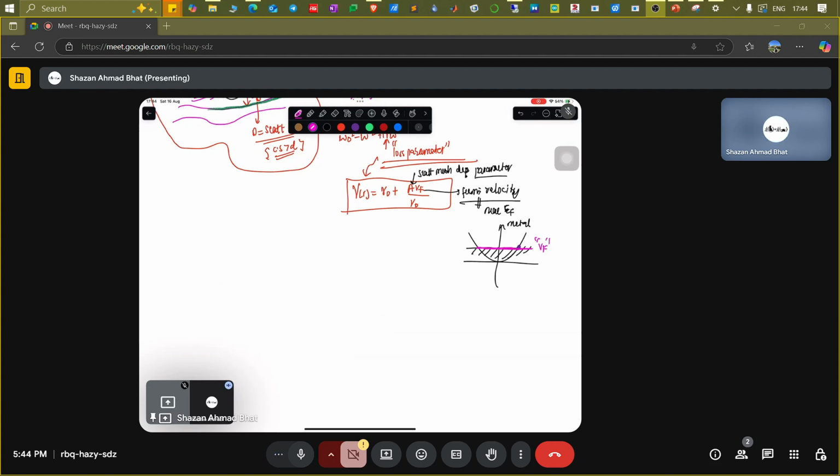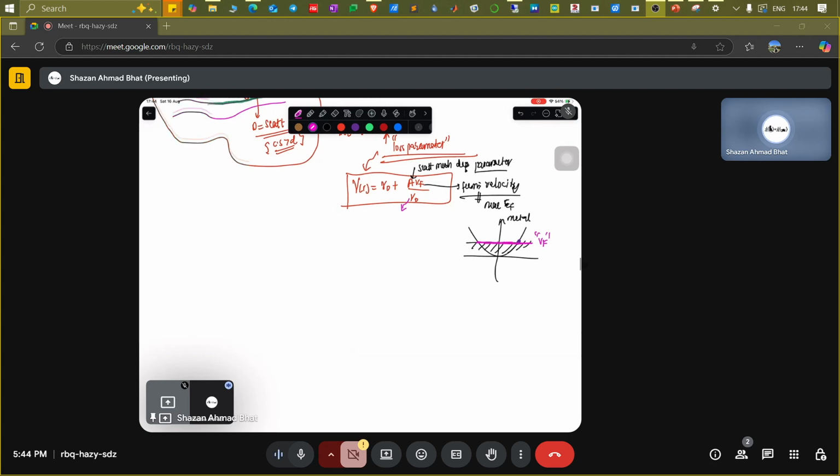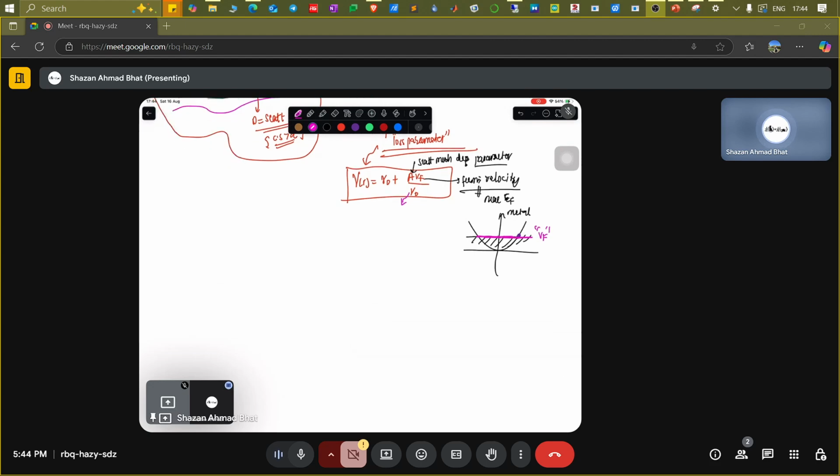Okay, and this R naught is basically a distance parameter. So if for example R is large, size effects are going to be insignificant. This is only significant at smaller R.